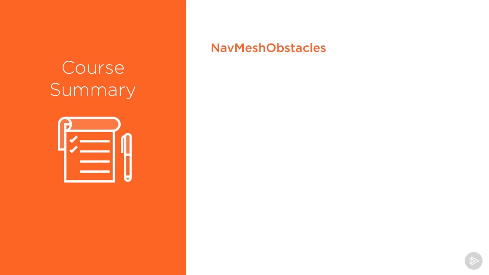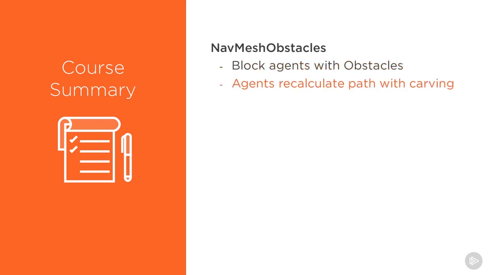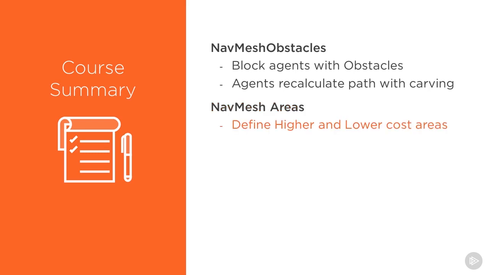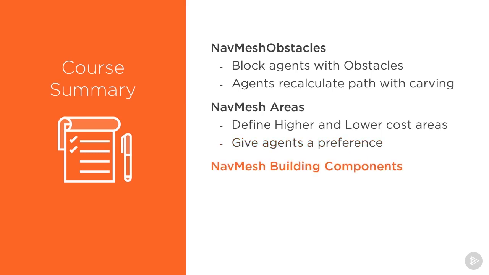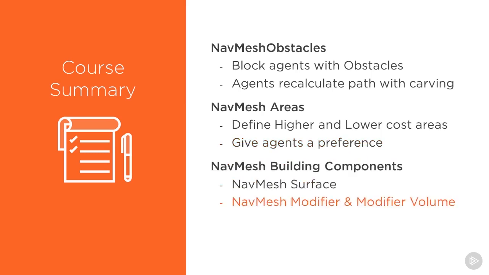We also covered NavMesh obstacles, where we learned to block our agents with obstacles, and agents recalculate a path with carving. NavMesh areas, where we define higher and lower cost areas and give agents a preference. Finally, we covered the NavMesh building components, including the NavMesh surface, the NavMesh modifier and modifier volume, and NavMesh links.